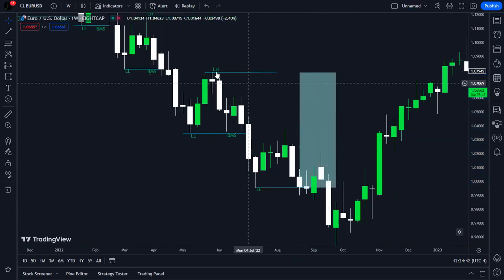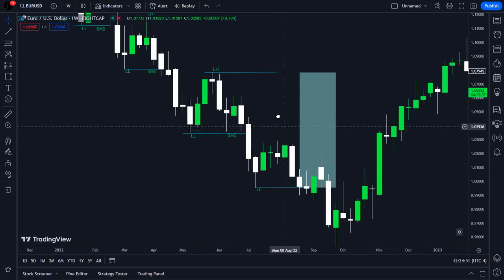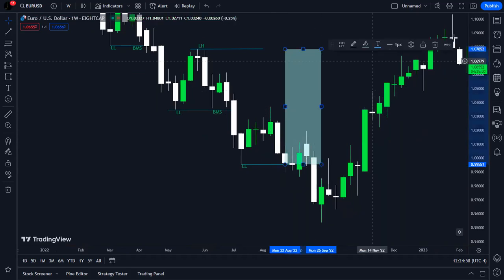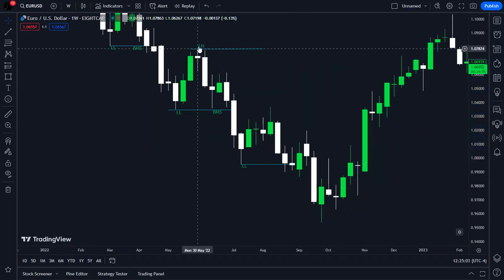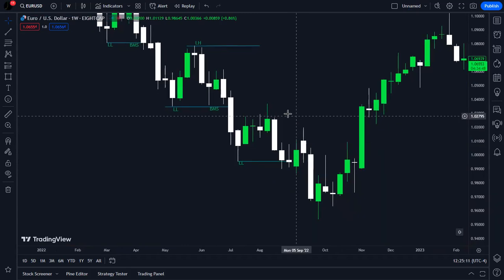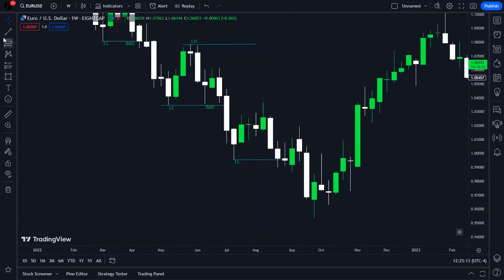Within this dealing range, within this lower high, this lower low, we expect a retracement. Yes, we had this retracement to create a new lower high right here. So lower high, lower low, new dealing range, retracement, then a new lower high within that dealing range. This is a new lower high right here.